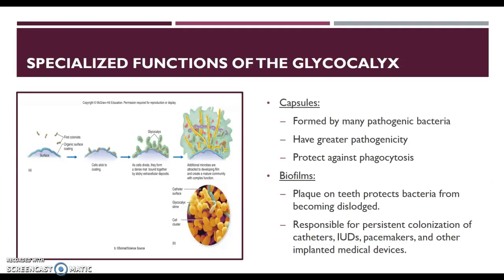All right, so let's talk about functions here, specialized functions of the glycocalyx. You can see the images here that talk about biofilms. So let's talk about capsules first. A capsule is formed by a number of pathogenic bacteria because it is useful in increasing the organism's virulence or ability to cause disease.